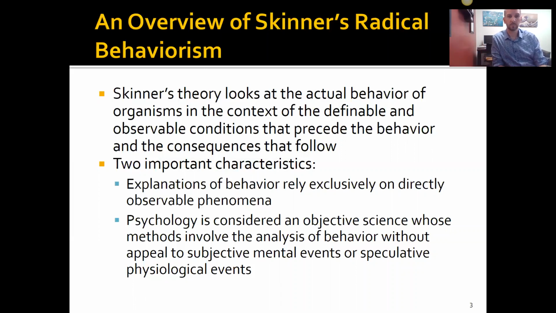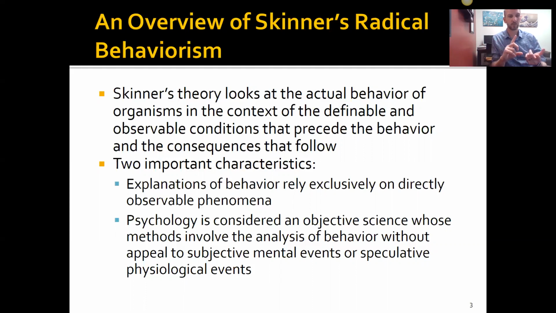So in Skinner's view, he's trying to rely exclusively on what we can observe, and he's trying to explain behavior as a product of the context and the consequences. Basically, he's arguing that psychology is an objective science, and we're not going to appeal to mental events or even to physiological events, and instead focus on what we could see outside the person.